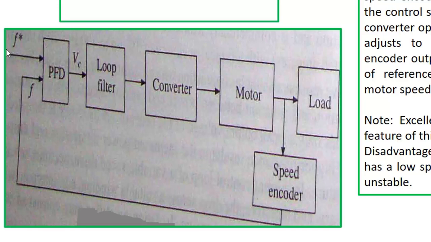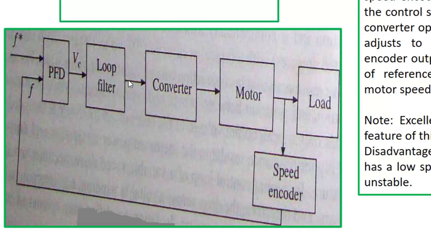Here f star is the reference signal, and this is the sensed signal, the output of the speed encoder. It is continuously sensed and fed to the phase detector, and we get a pulse width modulated control output. After filtering, this becomes the control voltage for the pulse width modulated inverter or converter.